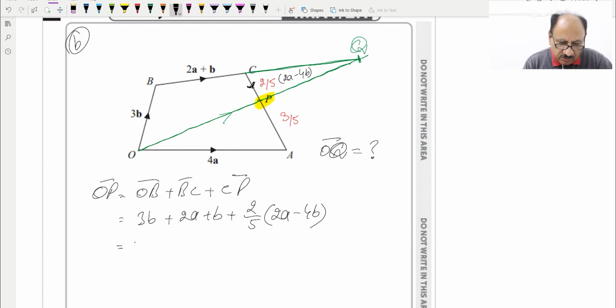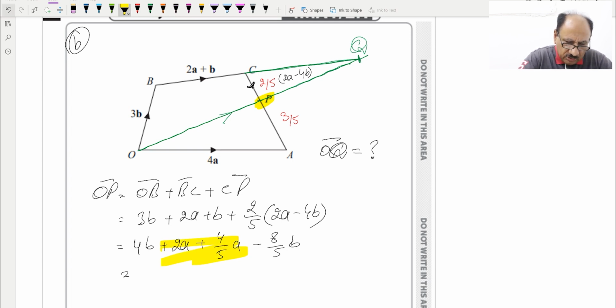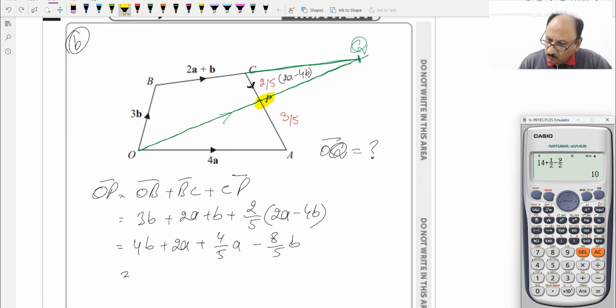So 3B plus B will be 4B, and plus 2A, and plus this will be 4 by 5A, minus this will be 8 by 5B. Further we can simplify: these two are A, so we can combine these two, and this will be 2 plus 4 over 5, which we can write as 14 by 5.